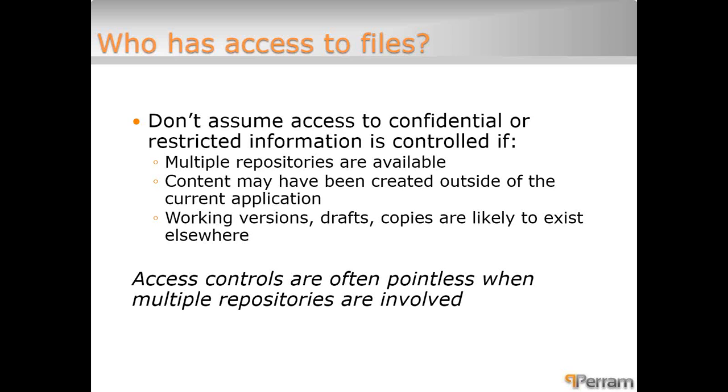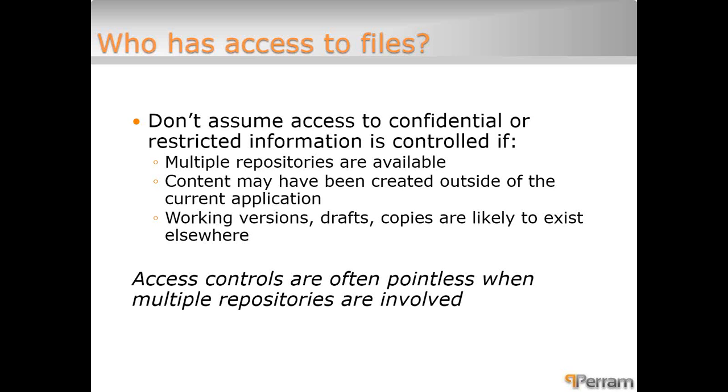Well, that's great, but the reality is there's probably lots of other copies of that information out there, especially if the file is created somewhere else. There's probably working versions, there's drafts, there's things that have been emailed around.